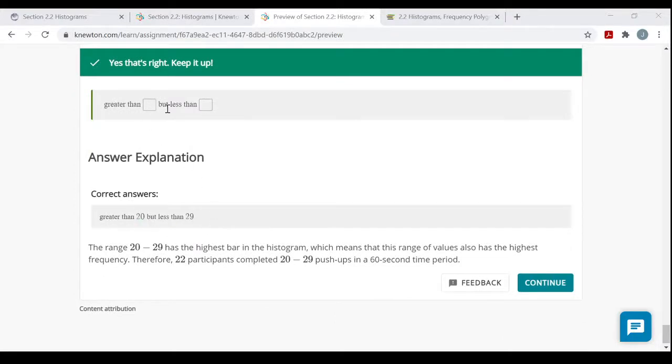So just fill in the blanks with the lower class limit and the upper class limit. I don't like the wording here. I'm going to send some feedback later about this. If you ever come across some issues with wording or the way an answer is, you can click on feedback and submit it to Newton. So just put in the lower class limit and the upper class limit. Should be good. Sorry about any confusion that might have caused.